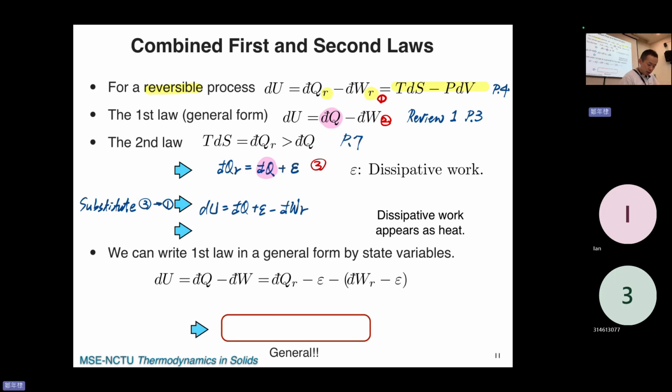Yeah, no problem, right? And we name it equation 4.